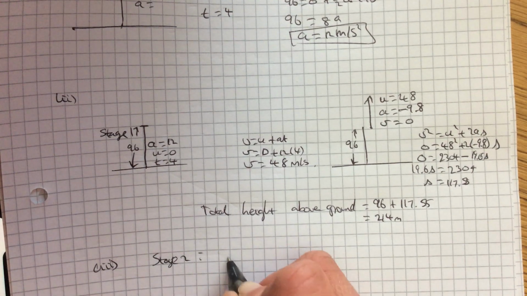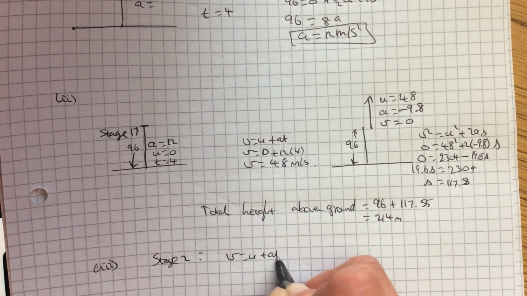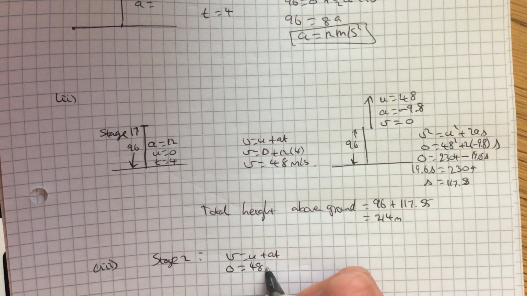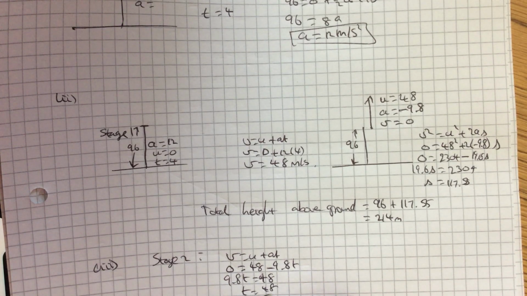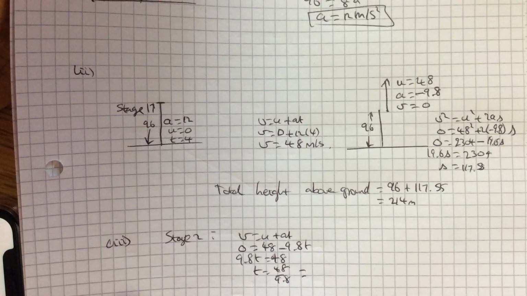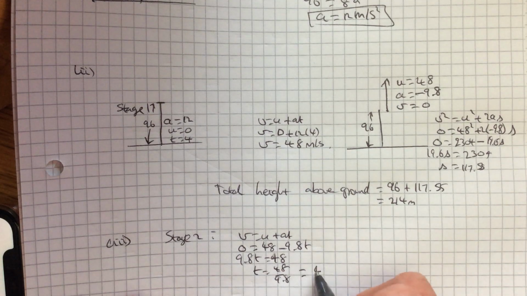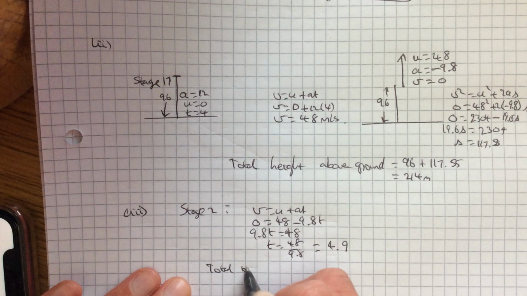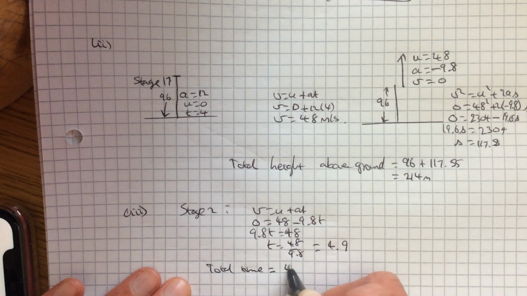I'm going to be doing V equals U plus AT, just using these variables here. 0 equals 48 minus 9.8t, so 9.8t is 48, so t equals 48 divided by 9.8, which gives me an answer of 4.9. So the total time is the initial time for the first stage, which is 4, add 4.9 for the second stage, giving you 8.9 seconds.